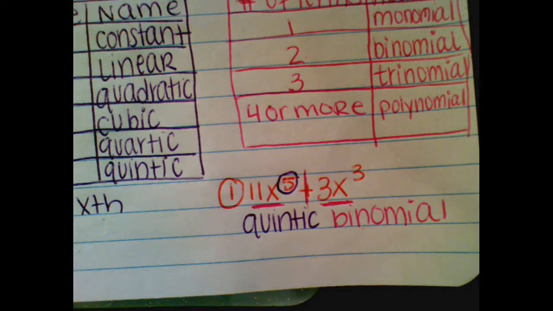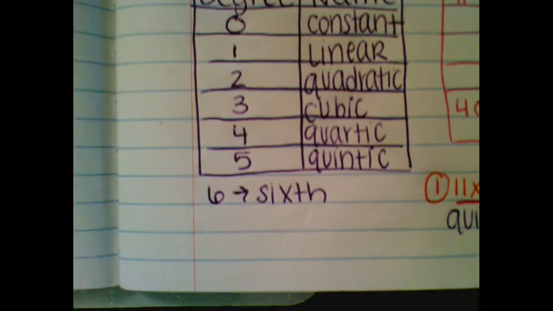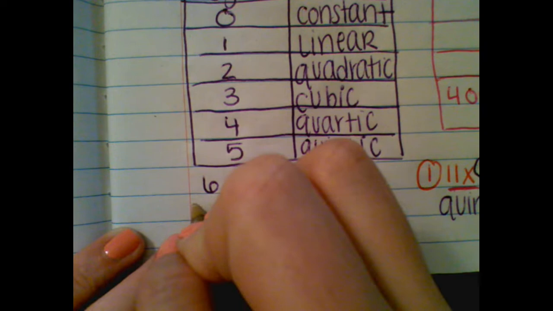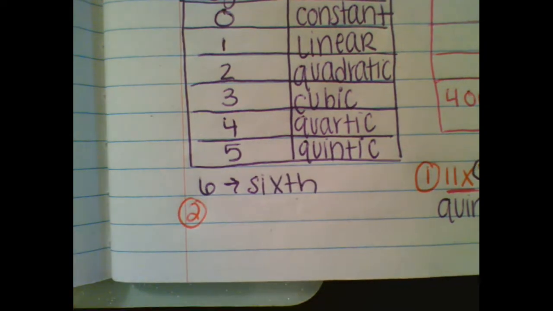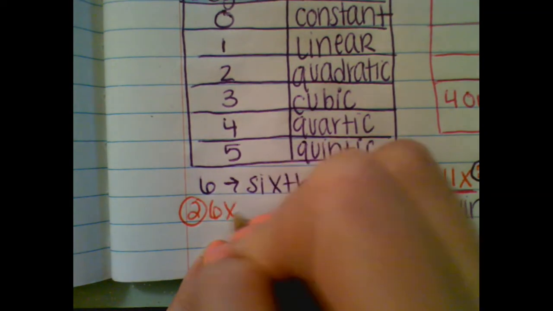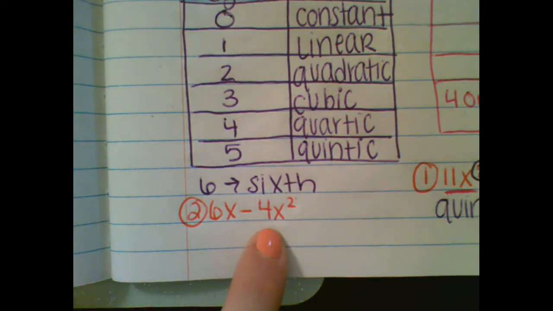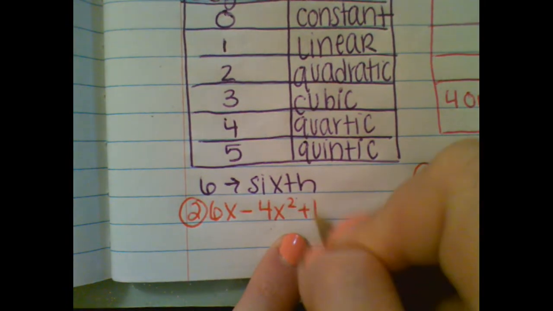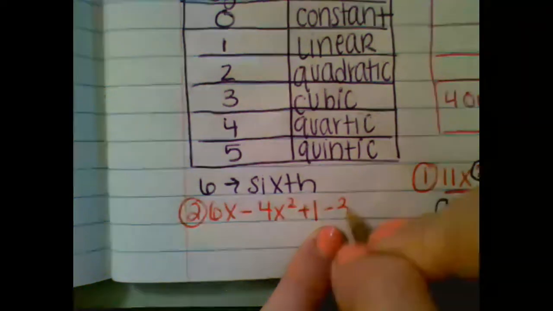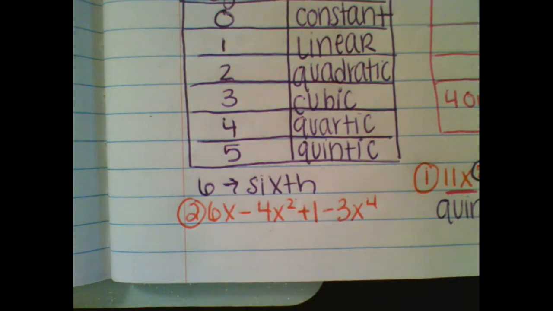Okay, example 2, I'm going to kind of come back over here and do it a little backwards, but that's okay. So example 2, 6x minus 4x to the 2nd plus 1 minus 3x to the 4th. Now, right away, this is not in standard form. That means you're going to want to write it in standard form.